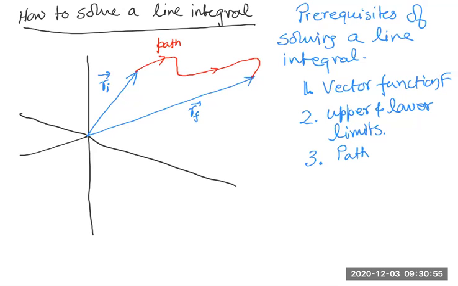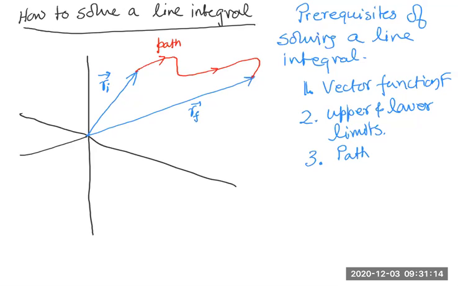So if you want to go from the point which is at the tip of the arrow Ri to the point which is at the tip of the arrow Rf, then there are an infinite number of paths that you may take.